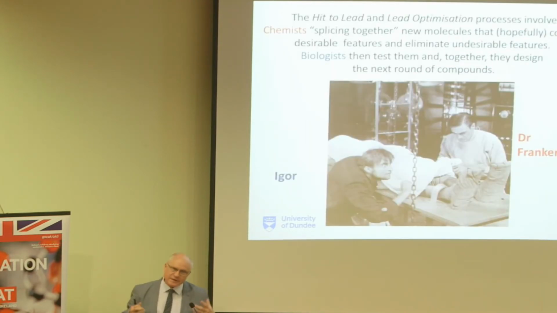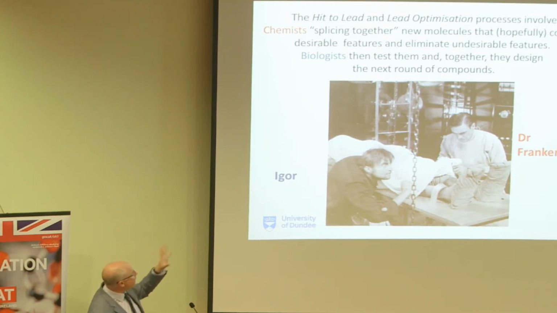But this business of making a new molecule, a new drug, is, I think, very similar to the issue of Dr. Frankenstein and his trusty aide Igor making the perfect monster, right? So they've got to adjust the molecule, take a bit off here, add a little bit there, and get it just right. The chemists are splicing together new molecules that hopefully contain desirable features and eliminate the undesirable features.